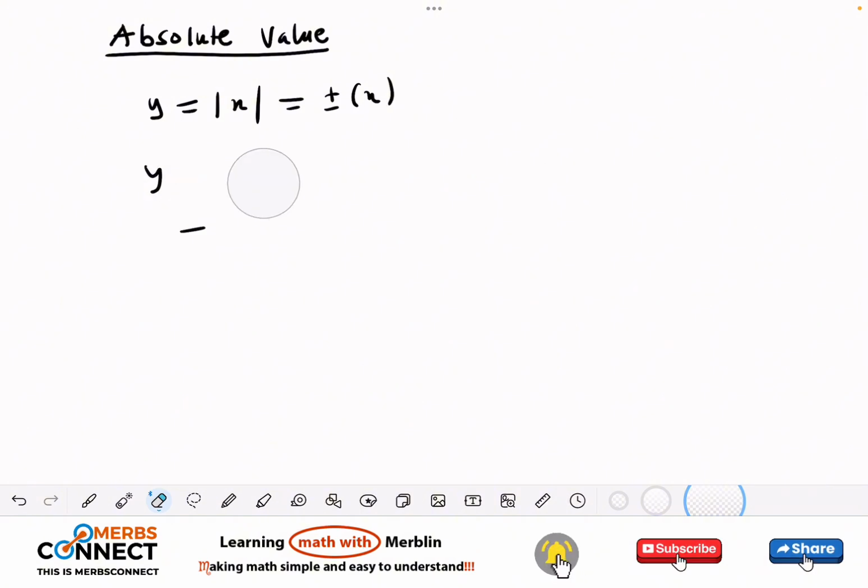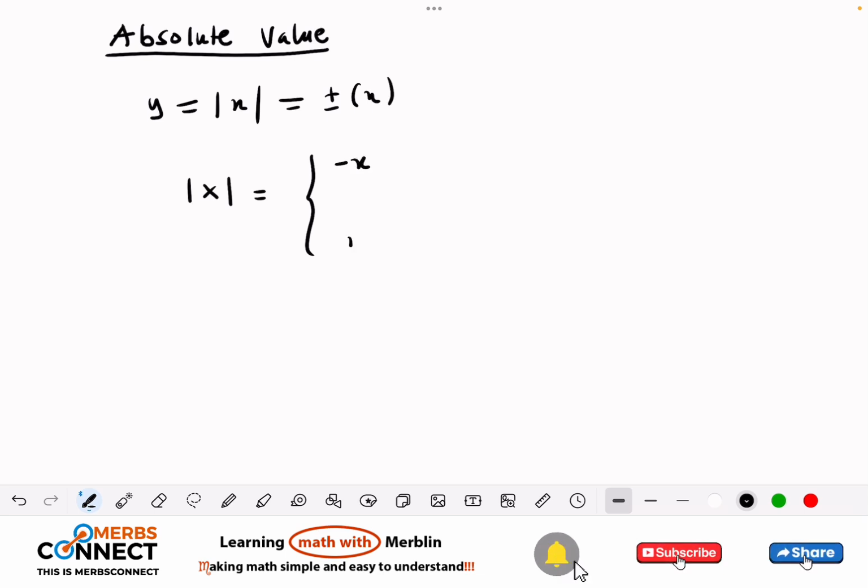Another thing we can do is write it this way. The absolute value of x is equal to, I pick my piecewise function, then I'm going to have negative x and positive x. As I said, we have the plus and we have the minus.